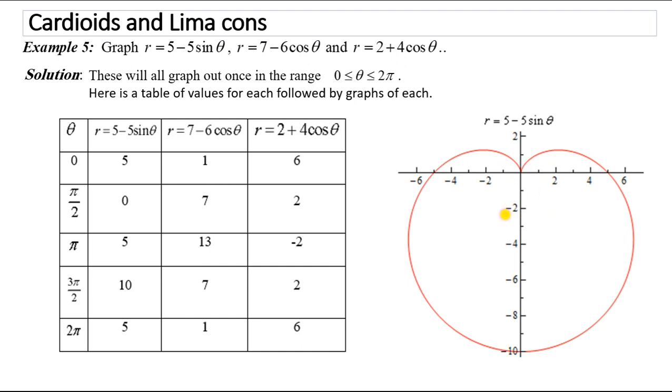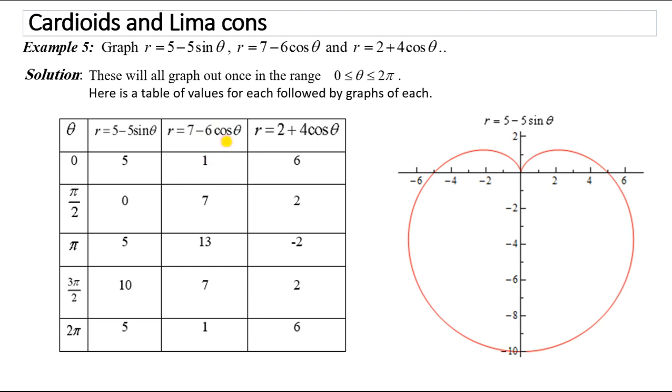This is if the constants are equal, the graph is a heart through the origin and without inner loop. If I want to sketch this equation, r equals 7 minus 6 cosine theta, a greater than b.